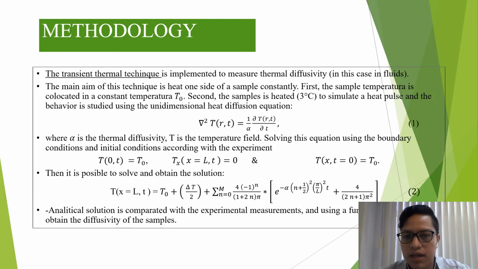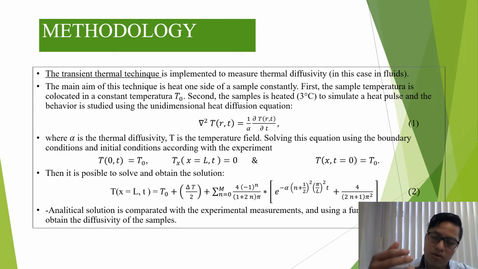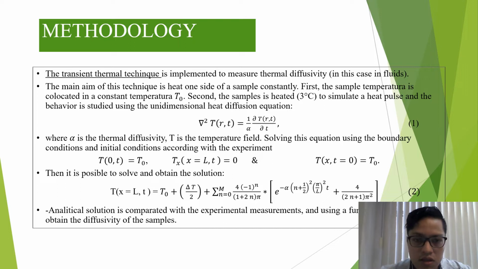diffusion equation. The simplest form is equation 1, where alpha is the thermal diffusivity and T is the temperature field. Solving this equation using the boundary conditions and initial condition according to our experiment, we have the boundary condition here and the initial condition in this case.